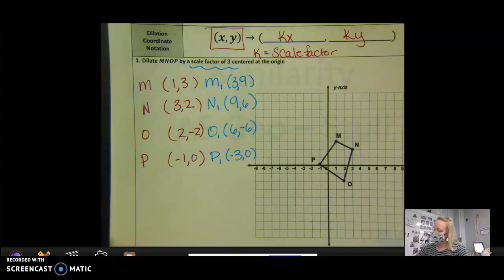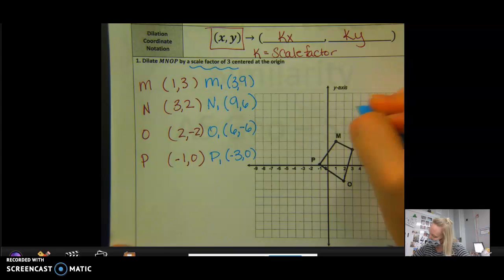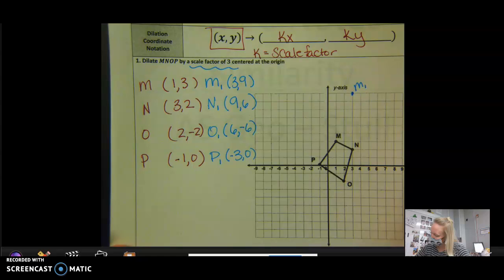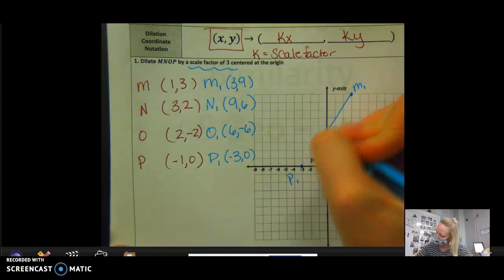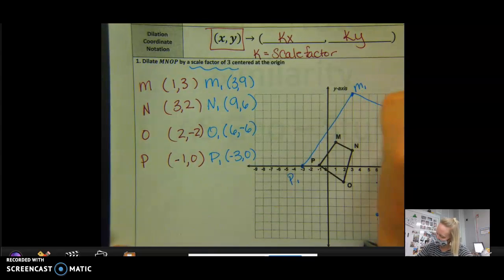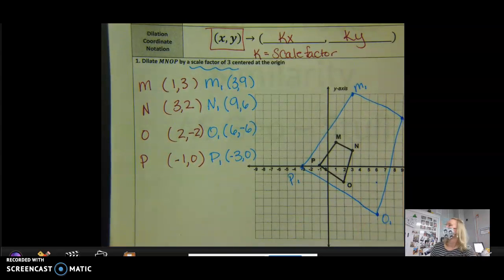Okay, now go ahead and plot those points. And label them. There's our new figure.